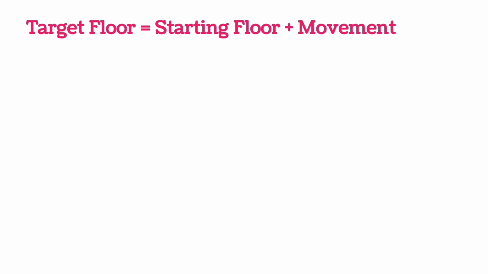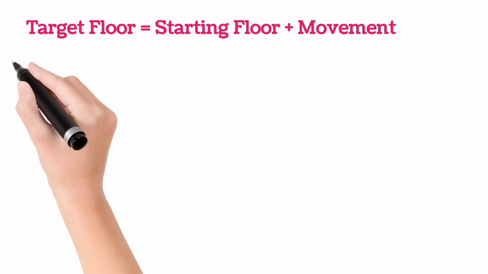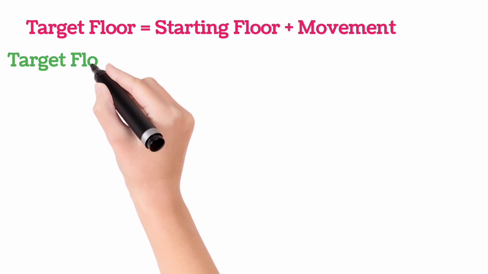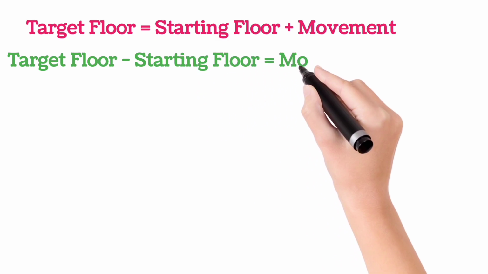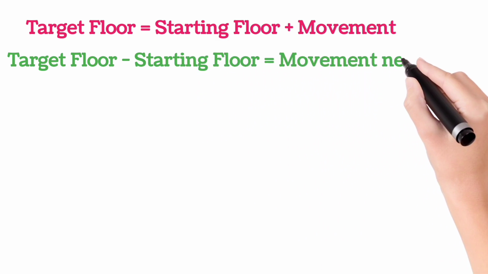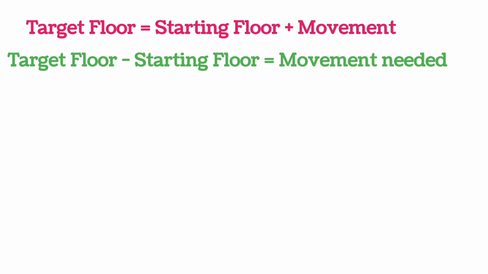Movement means the button you will press inside the lift; you add it with the starting floor and you get the target floor. Today we will find which button you will press in the lift to reach the target floor. For that you will use this one: target floor minus starting floor equals movement needed, meaning which button you will press inside the lift.